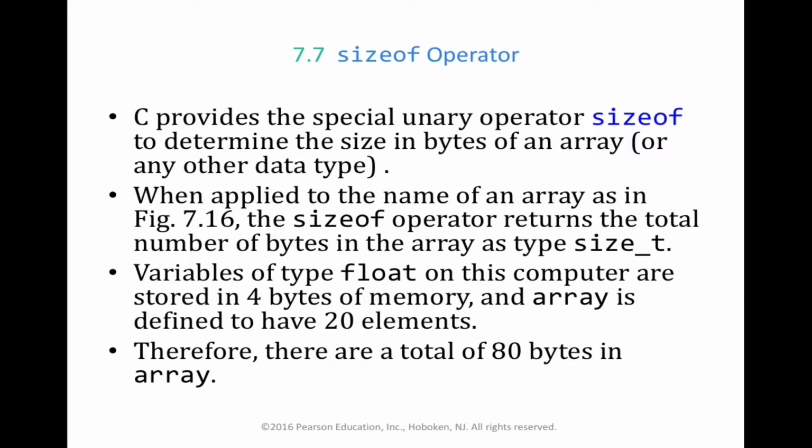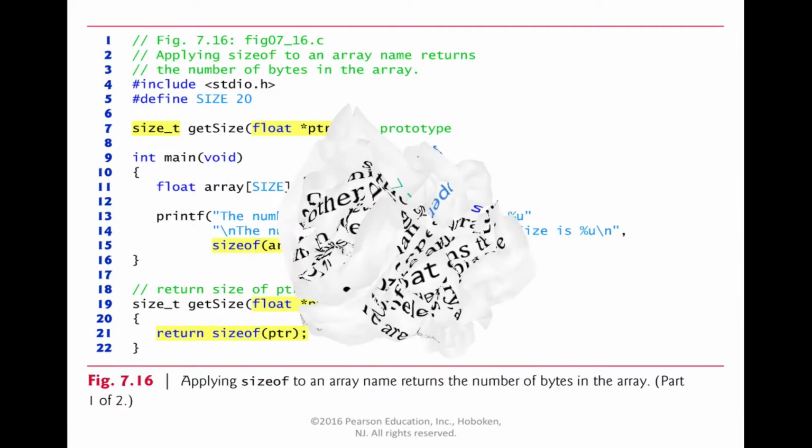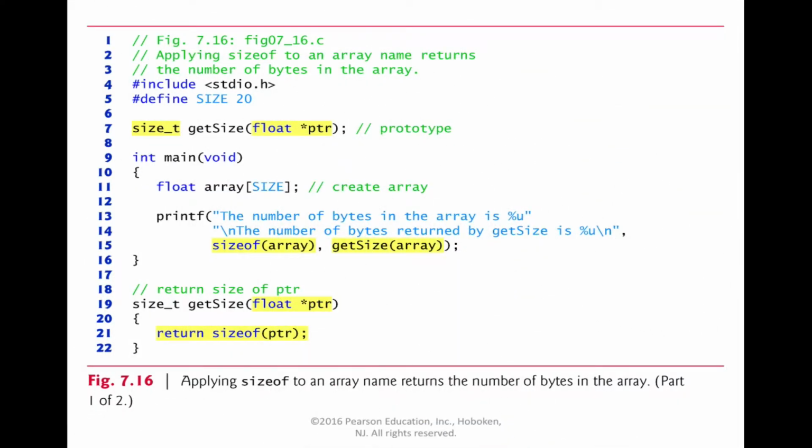If we know how big the data type is on a particular computer or implementation, and we know the number of bytes that the array takes up, we can calculate its length with a degree of certainty. So we are going to create a function called getSize, and it is going to take a float pointer.